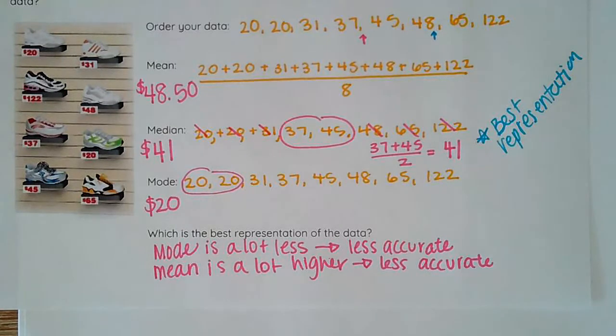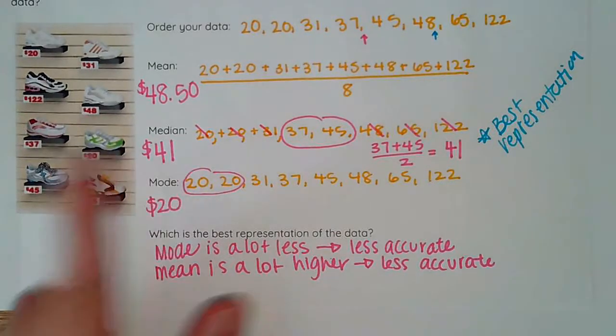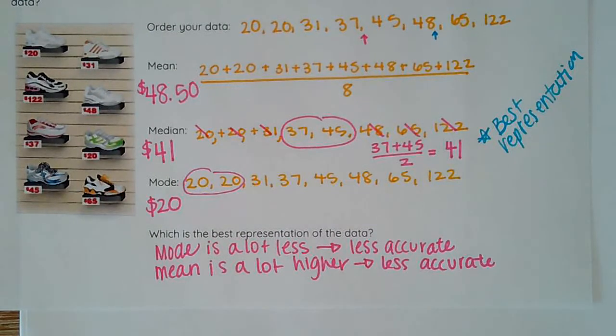So if I told you that the typical shoe price at the shoe store was $41, right? That would kind of tell you that there's some less than that, some more than that. And if you're looking within those numbers, you'll find something that you can purchase. So today, right here, right now, in this scenario, your median is your most accurate measure of center.